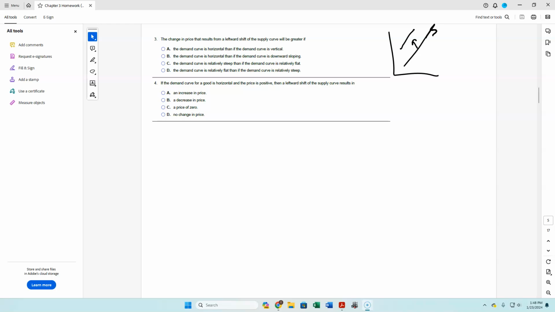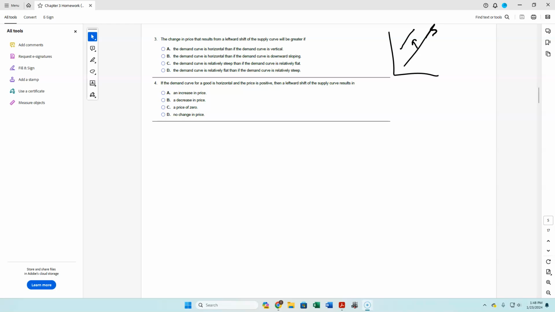And then we're asked, if we're talking about the change in the price, when would it be greater? Would it be greater if the demand curve was essentially more steep or flat? I guess is really what we need to decide.